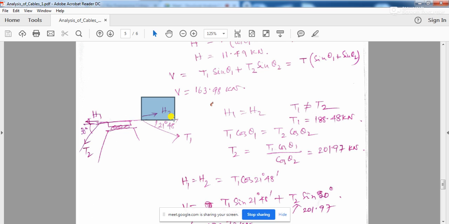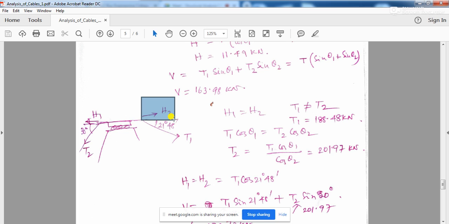It doesn't matter whether it is a pulley support or a saddle support. Only the mechanism of transfer to the support and to the anchor cable will change. So in the main cable there will not be any change in the value of the tensile forces. So the calculation of T max will remain exactly the same whether it is a pulley or a saddle on roller.